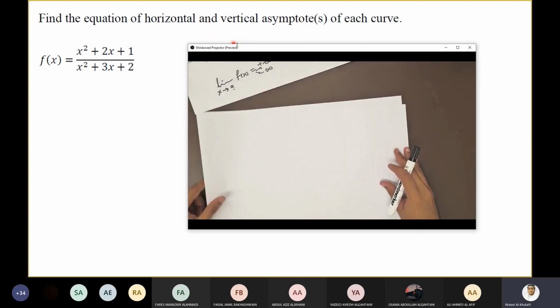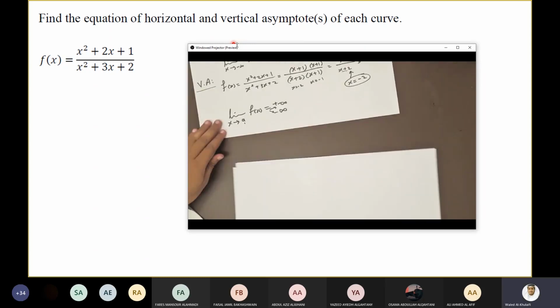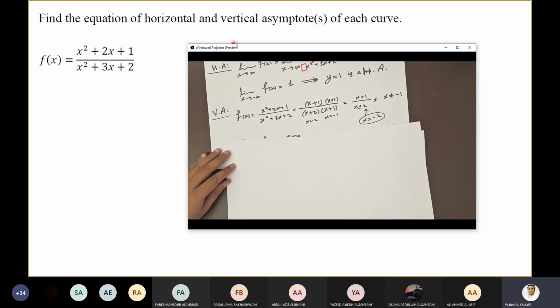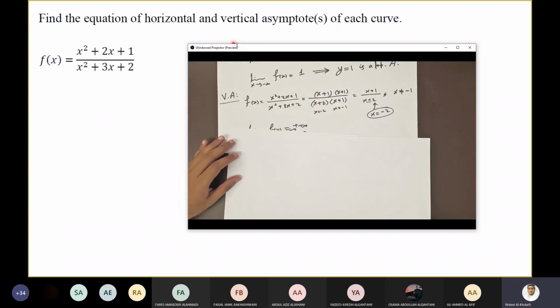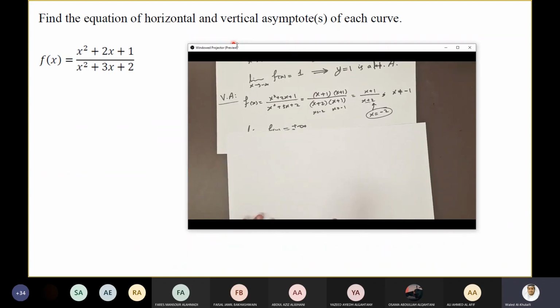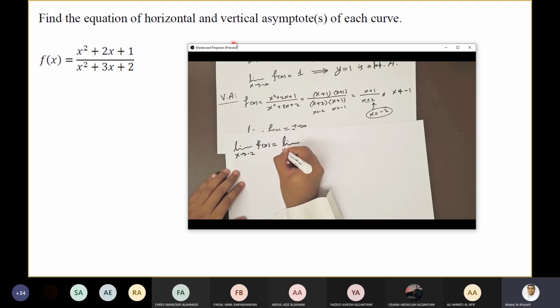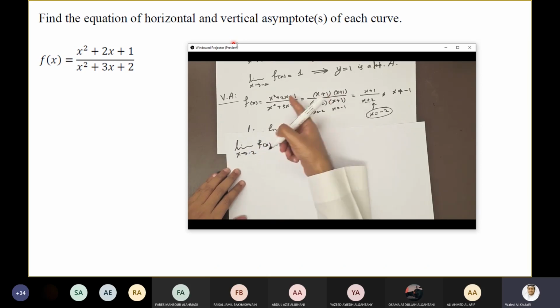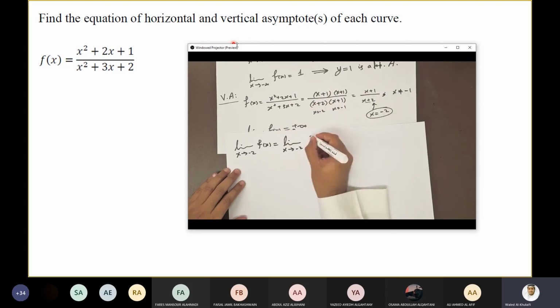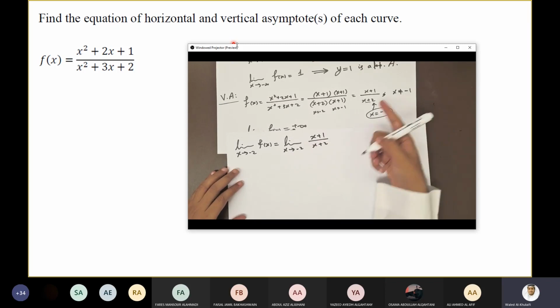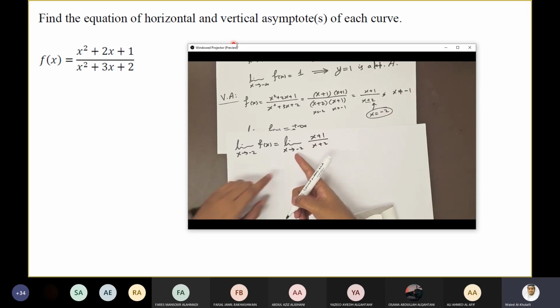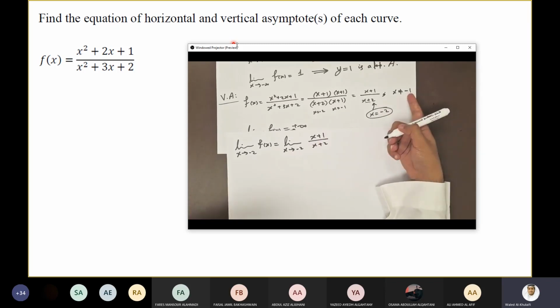Okay. So now the limit when x approaches negative 2 of f of x is equal to the limit when x approaches negative 2 of this expression, which reduces to this expression. Remember when I say except negative 1, because I'm working close to negative 2, I'm away from negative 1.